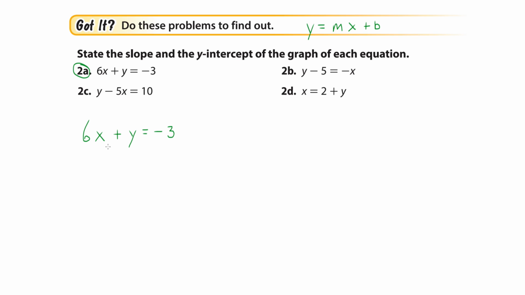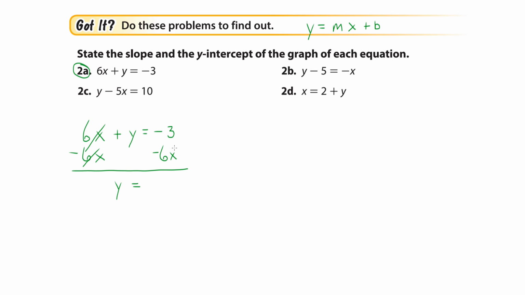So like we did last chapter, I am going to be eliminating this 6x by simply taking it away. So if I take away 6x's from the left side, I have to take away 6x's from the right side as well. And so after I do that, the 6x minus 6x, that'll go away. And so I end up with a positive y, which is just a y, equals, and now I have two terms here.